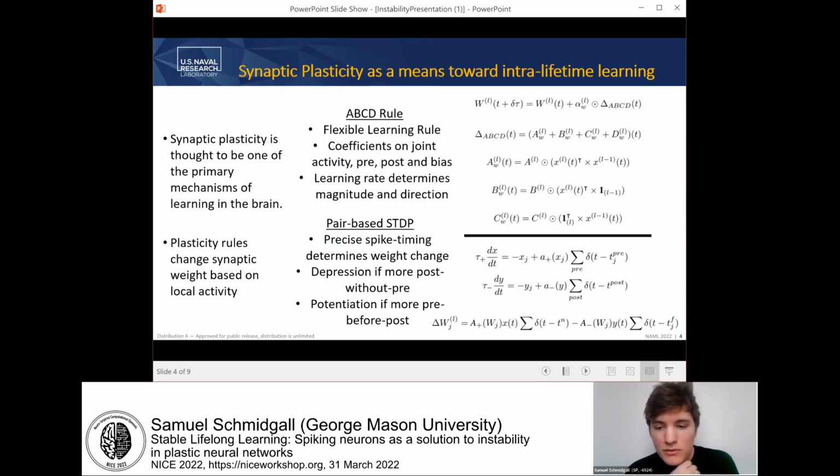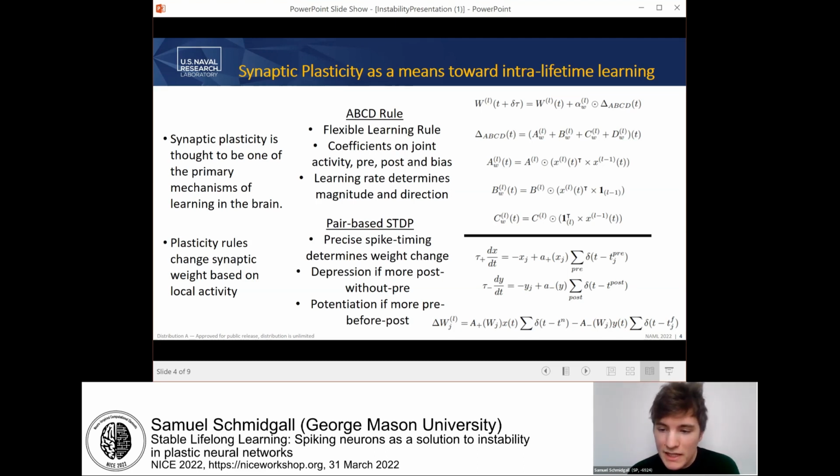At the bottom is an equation for a pairwise spike timing dependent plasticity rule, where the precise timing of spikes is considered in updating the synaptic weights. Spike activity traces are accumulated at the synapse, shown by the two differential equations at the top of the bottom. And at the bottom is the plasticity rule equation, which has two parts, LTP and LTD. LTP is on the left, LTD is on the right.